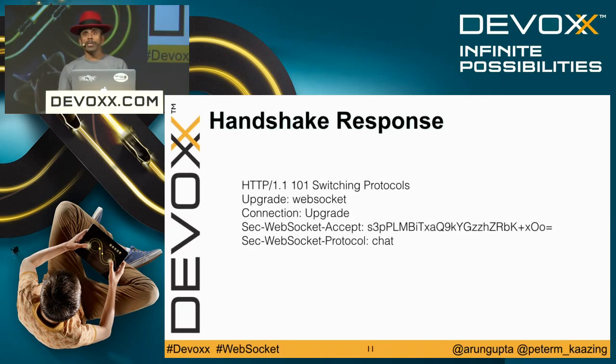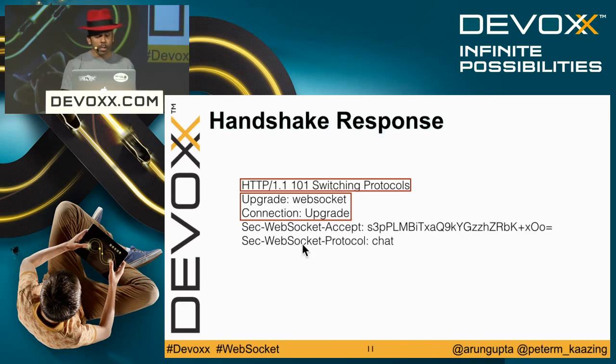Then on the server side, the HTTP headers that are sent back are called the handshake response. The key part is that at that point the server is switching the protocols, saying HTTP/1.1 101 Switching Protocols. 101 is the status code, and Switching Protocols is the message. It echoes back to the client that, okay, I'm going to upgrade your connection to WebSocket.